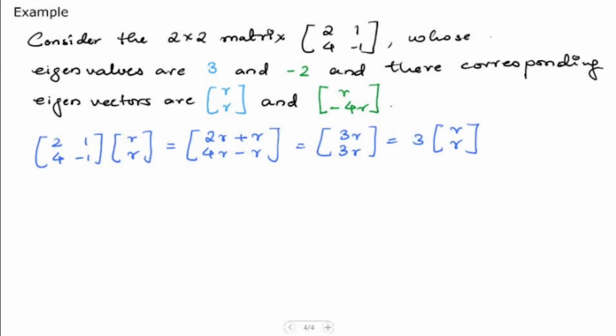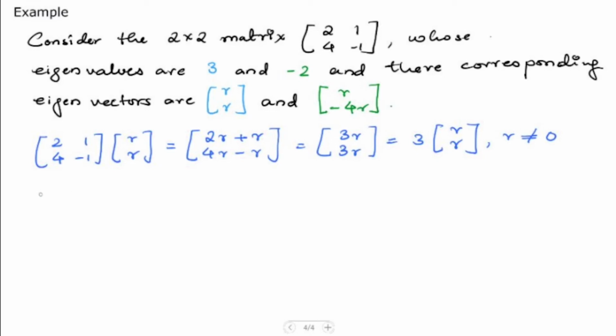So here we have the eigenvalue and the eigenvector, and r could be any real number except 0, because if it is equal to 0, it would make it a zero vector here, and an eigenvector is a non-zero vector.